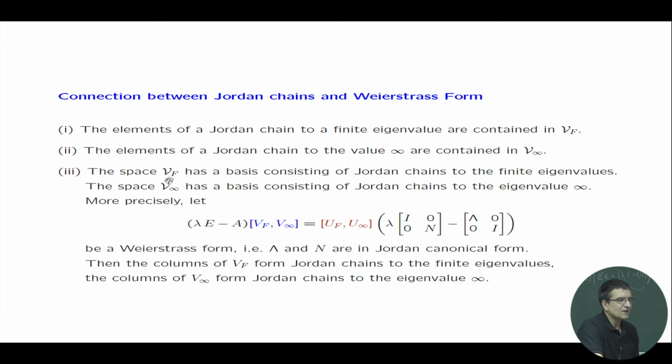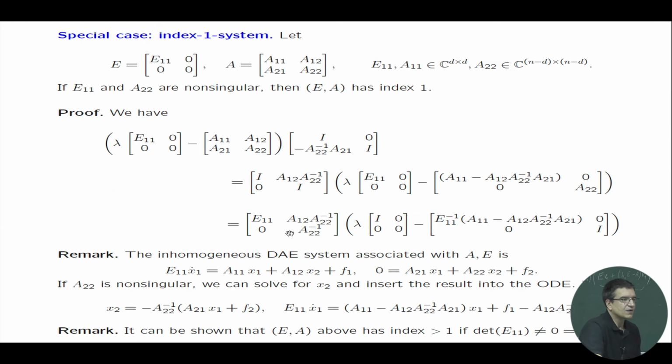So our vector space has a basis consisting of Jordan chains to the finite eigenvalues, and so we can rephrase this. If we have this identity here, then we can arrange it in such a way that the columns of VF and V infinity form Jordan chains.